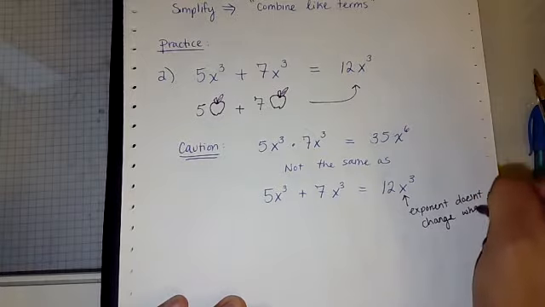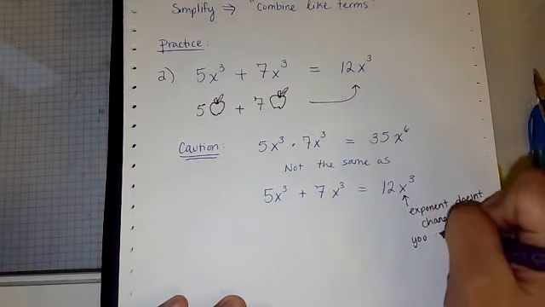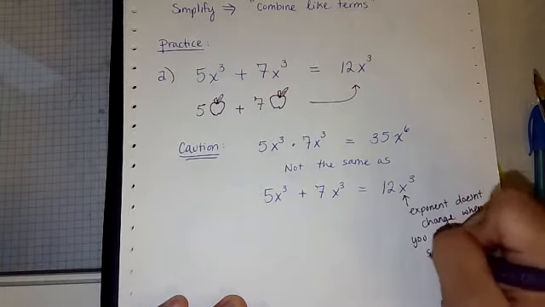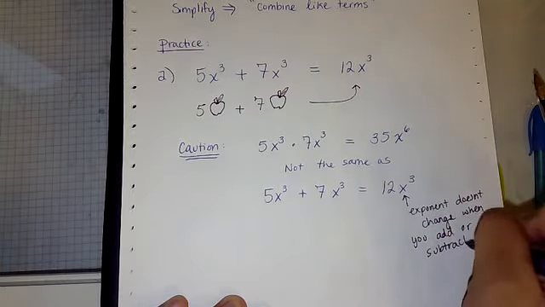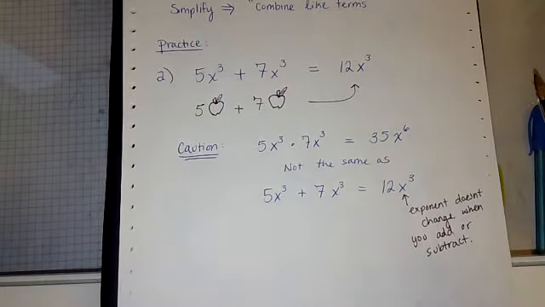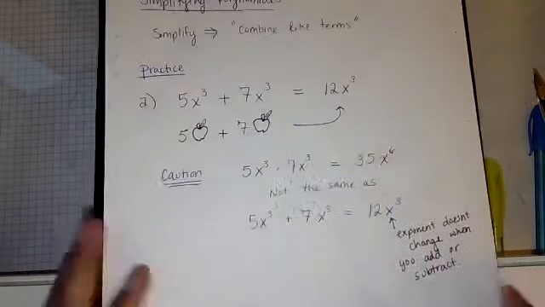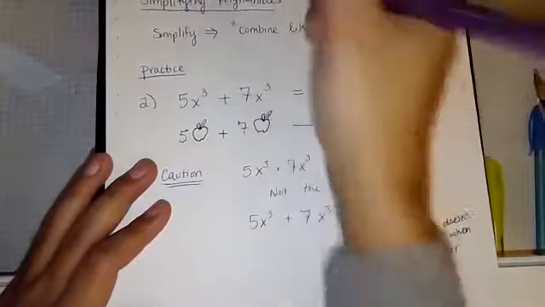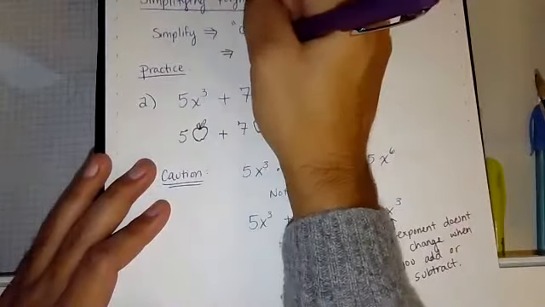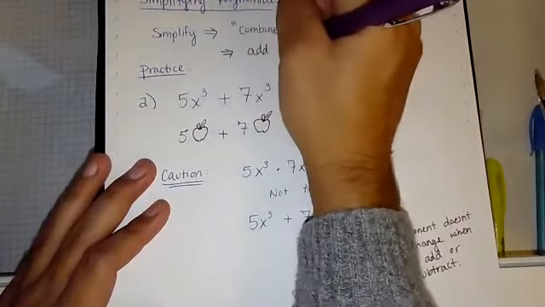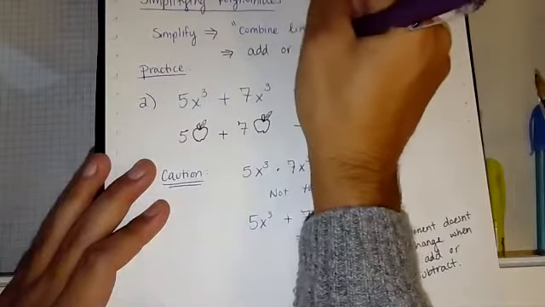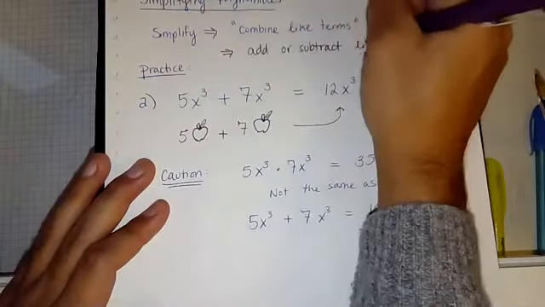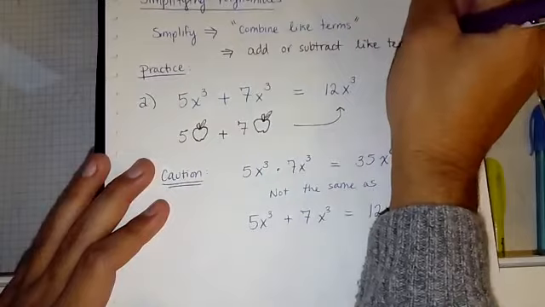So it doesn't change when you add or subtract. And we might not have thought about it too deeply before, but when we say combine like terms, we mean specifically add or subtract like terms.